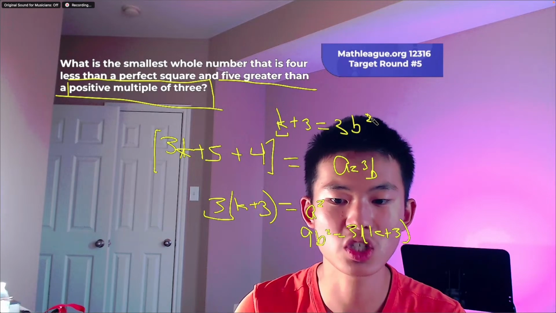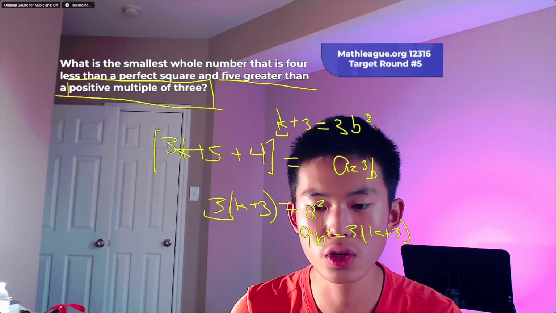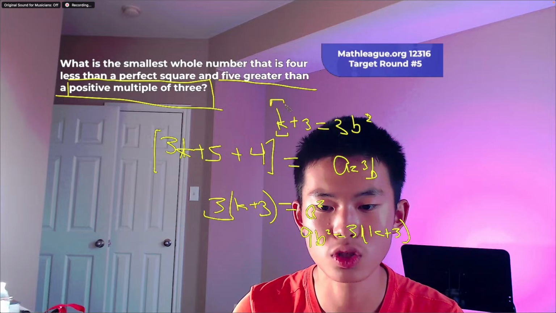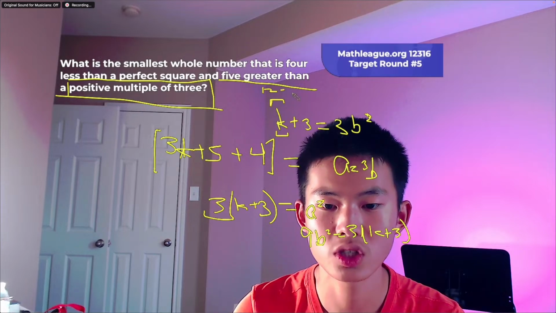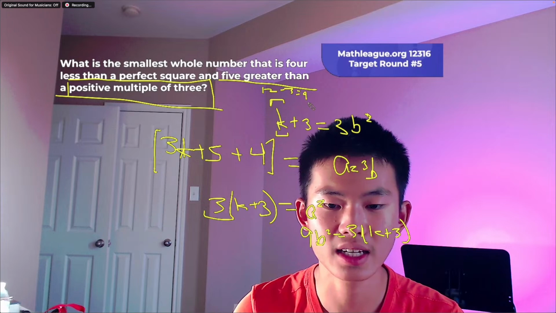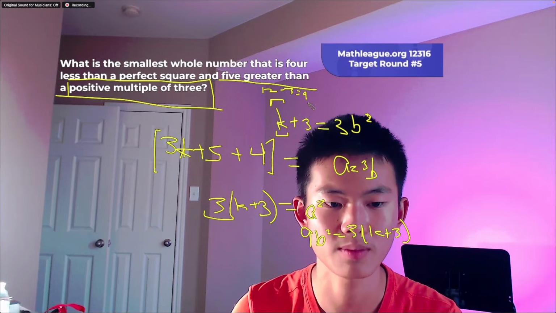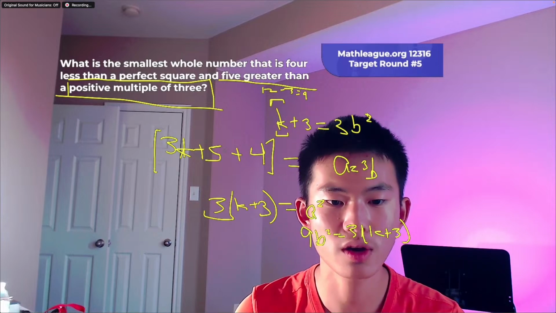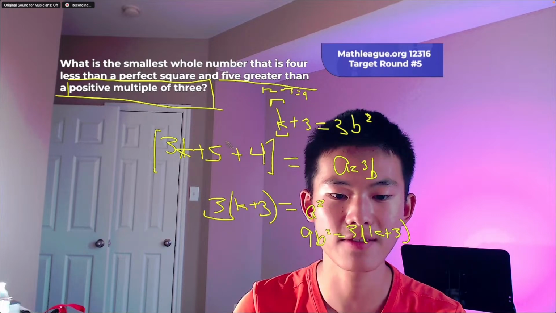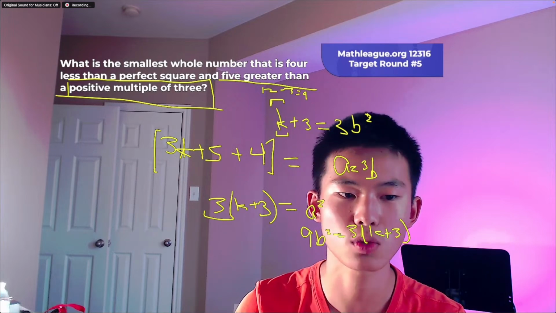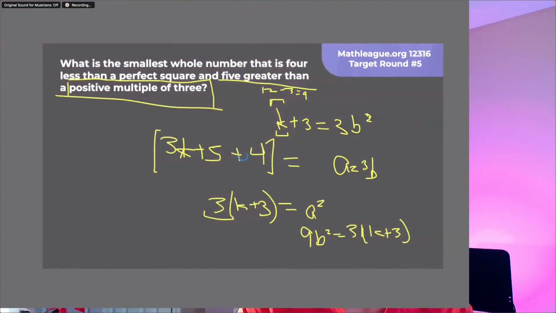So instead, we must check b equals 2. If b equals 2, then k is going to be equal to 12 minus 3, which equals 9. And then 9 does work because 3 times 9, which is 27, is a positive multiple of 3. So in going back, we want 3k plus 5, or 3 times 9 plus 5, which is 27 plus 5, or 32.